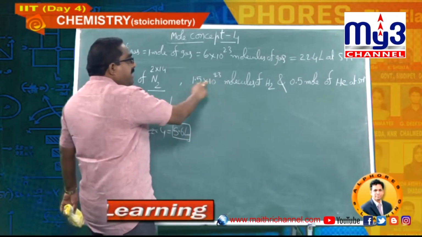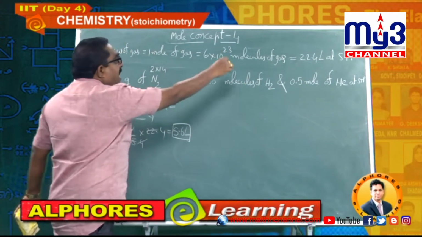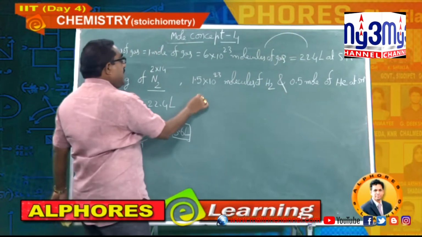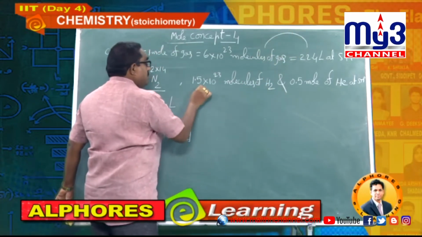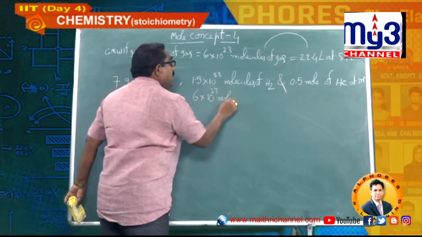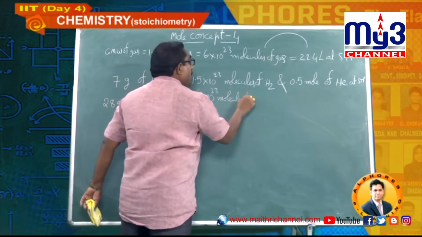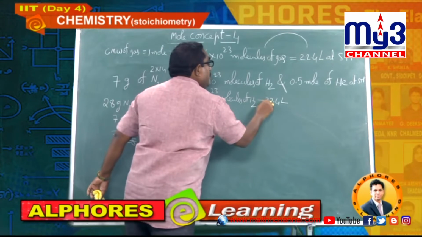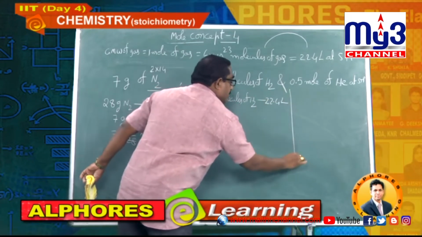Next, coming to this, you can utilize this relation, students. I am writing that: 6 into 10 power 23 molecules of hydrogen is going to occupy again 22.4 liters.